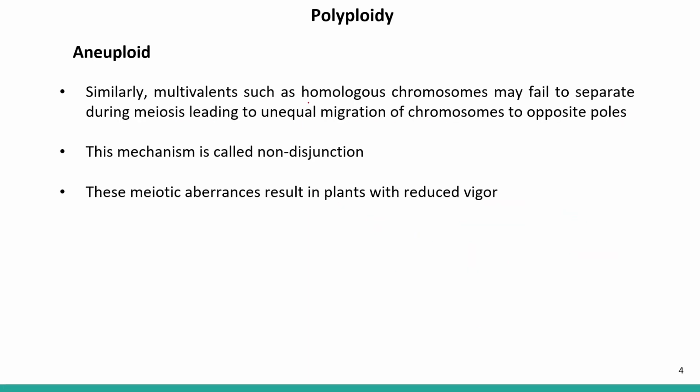Similarly, with multivalents, the homologous chromosomes may fail to separate during meiosis, leading to unequal migration of chromosomes to the opposite poles. And how are multivalents formed? Multivalents can form in this way.